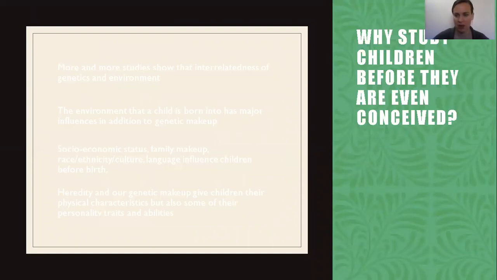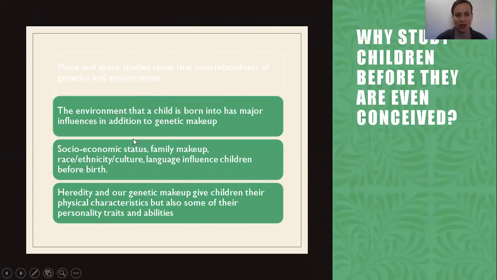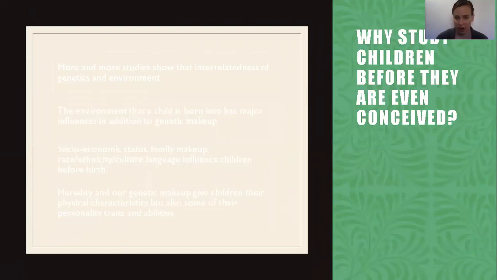So we get genetic makeup from each set of our family, from our mother and from our father equally. But then that is definitely affected by the pregnant woman's socioeconomic status, her family members, the race, ethnicity, and culture, and then access to quality prenatal care as well. And then we know that all of those factors definitely influence children after they're born, but now we're seeing that it can definitely affect children before they're born as well.